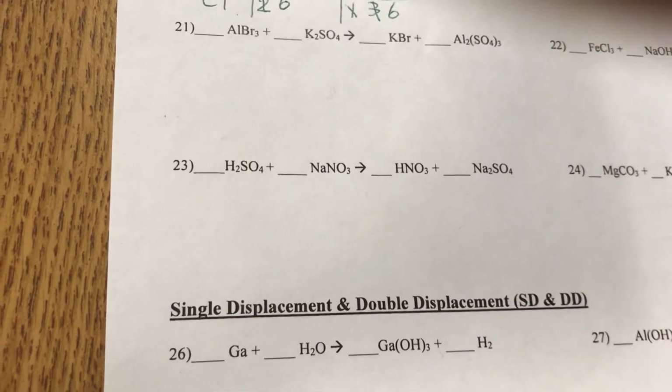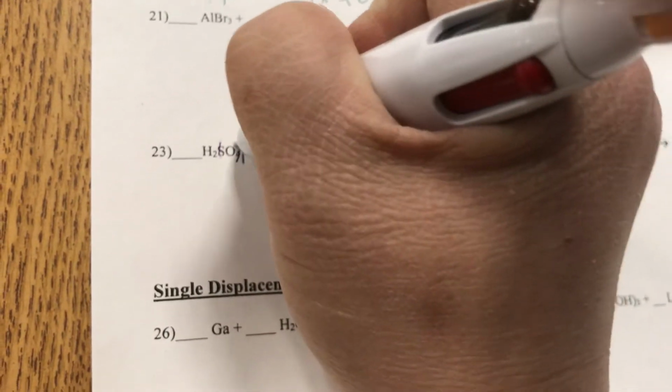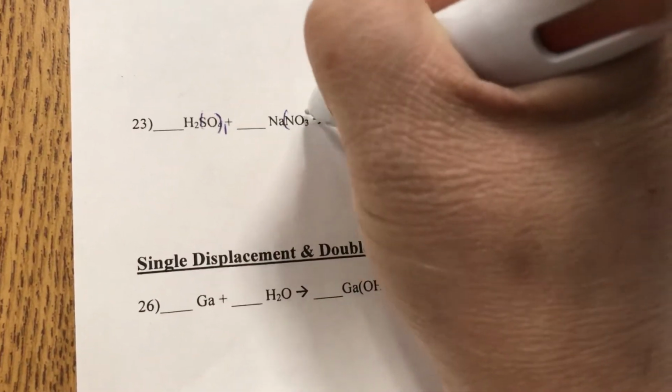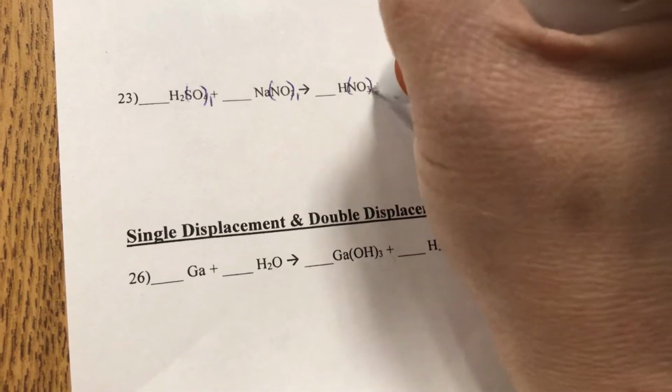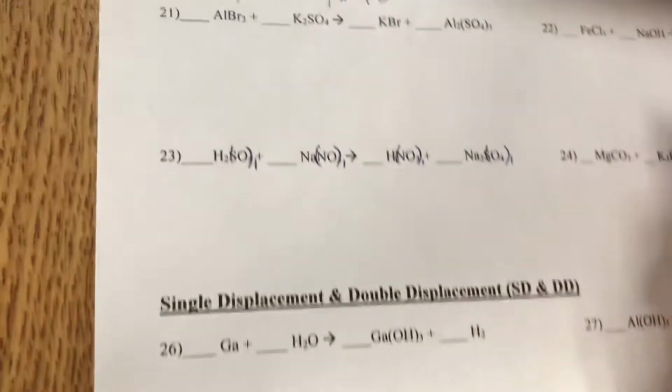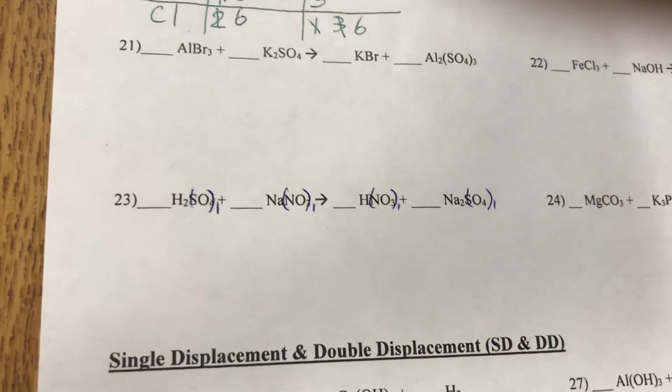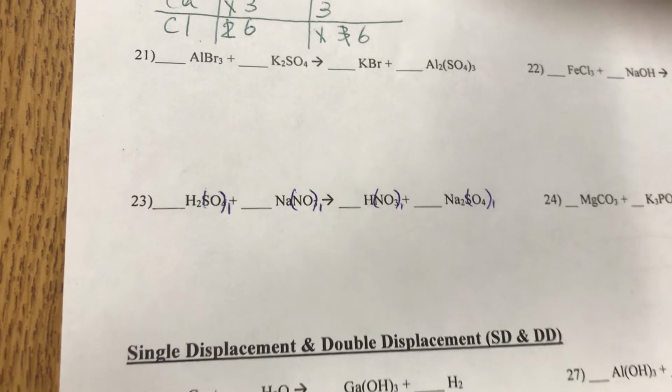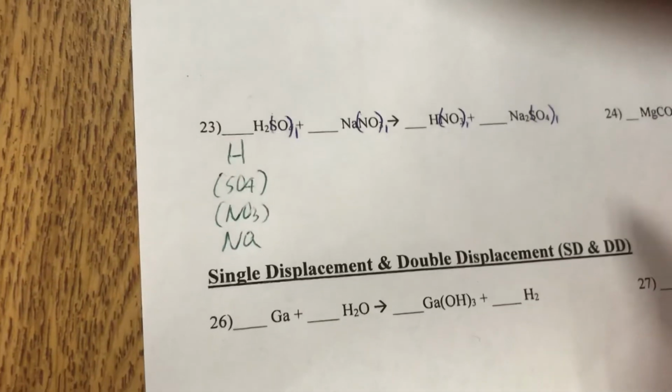I'm gonna do 23. I do have poly here, which is SO4, NO3, NO3, SO4. Right? They're all poly, so no water. And I can start the table as H, SO4, NO3 parentheses, and then Na. And whatever the poly per parentheses.